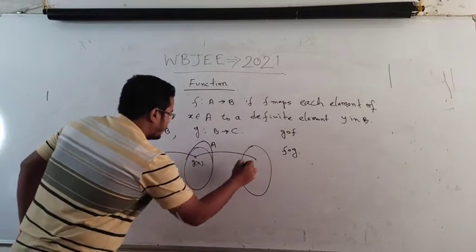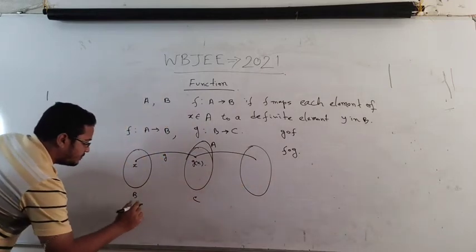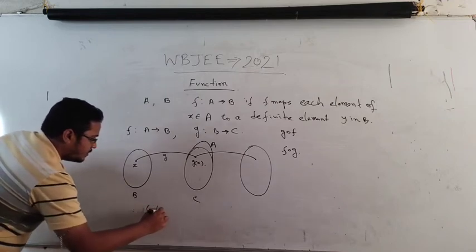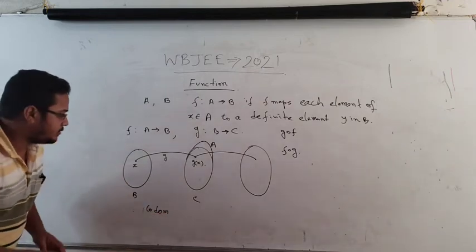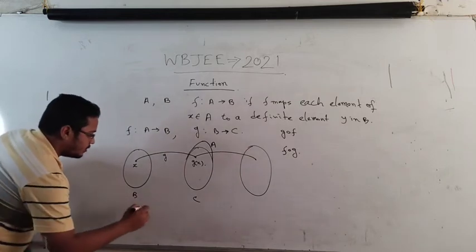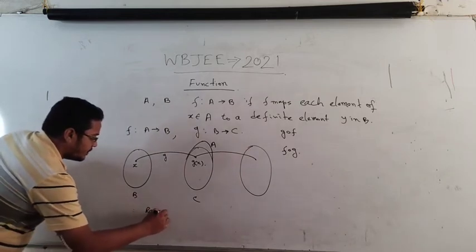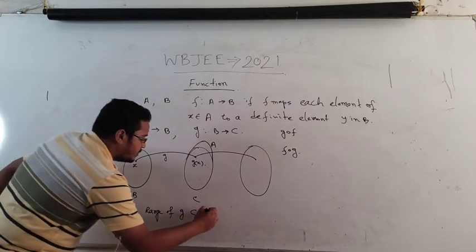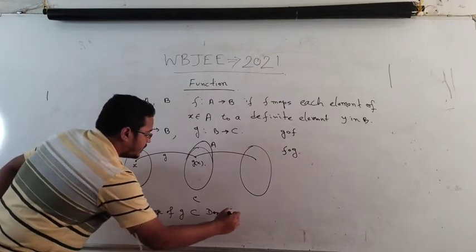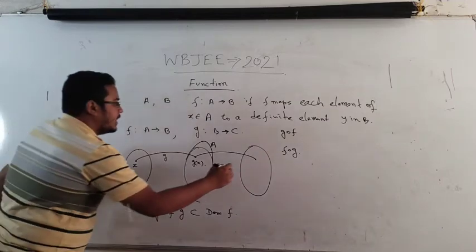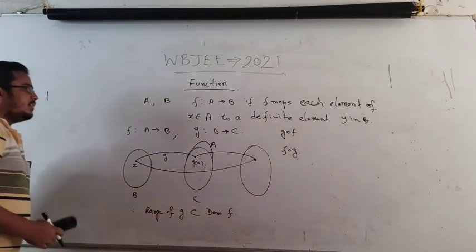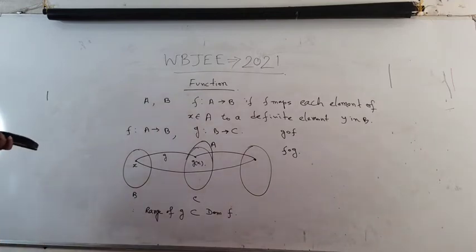So the restriction, if we write it clearly: it is actually the range of g, not the codomain. The range of g should be a subset of the domain of f, and in this case f of g will be defined. Let's take an example to understand it clearly.